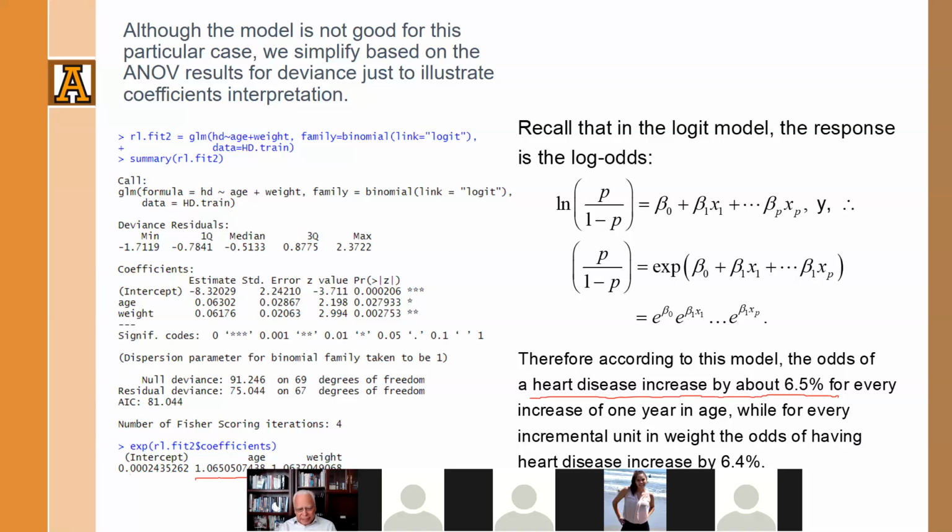So we interpret the exponential of the coefficients. That's what we interpret in the logistic regression model, and it tells me how each variable is impacting the odds of having a heart disease.